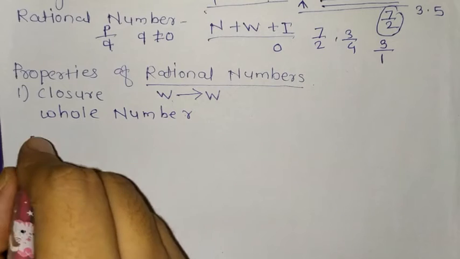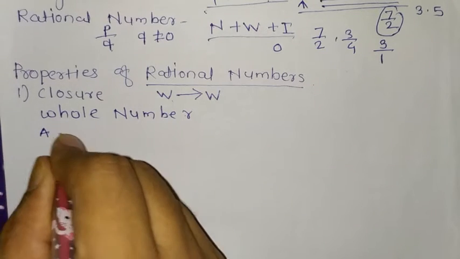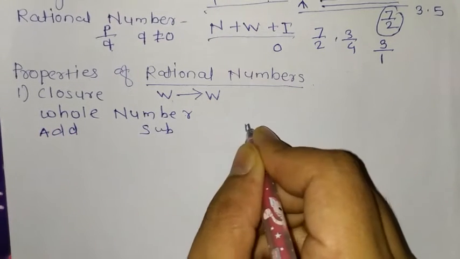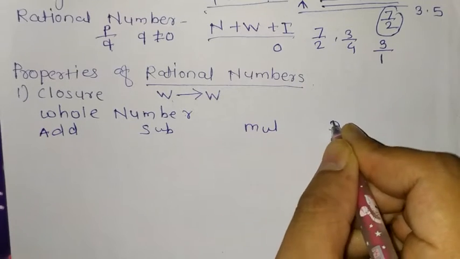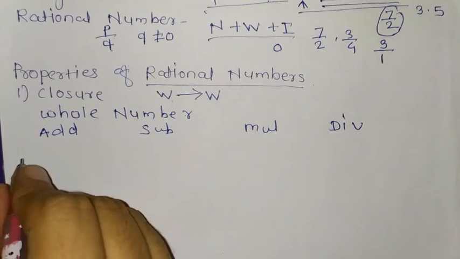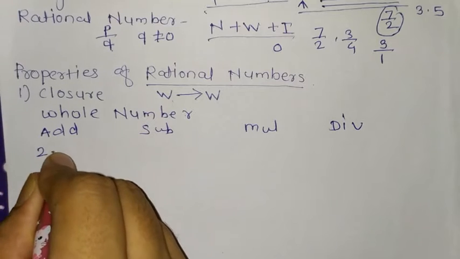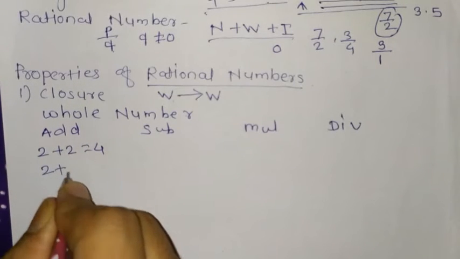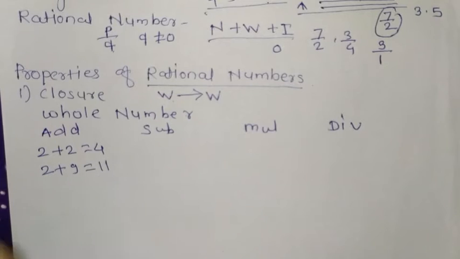For example, in the closure property we use addition, subtraction, multiplication and division. Under closure, in addition, suppose you take two whole numbers, we get a whole number. If you do 2 plus 9, we get a whole number.